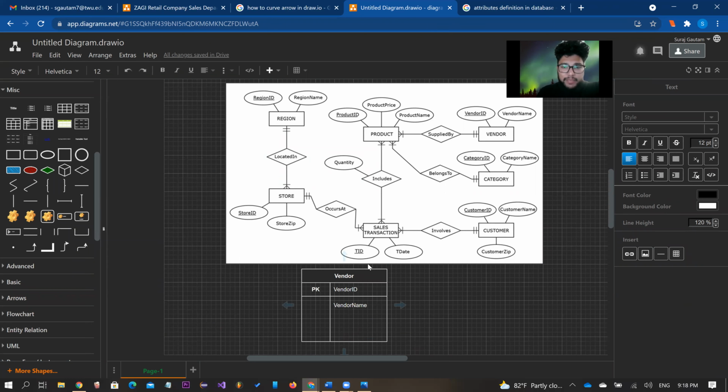So it basically means any transaction that goes through has its own unique attribute or unique ID that helps customers or the reseller figure out what kind of product was sold from the store.